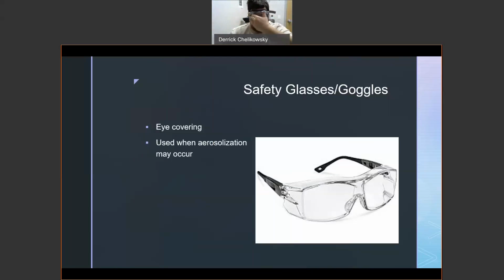As you can see, it protects my glasses, it protects my eyes, and it does create a seal that prevents most types of contaminants from getting in and damaging my eyes. You need to use goggles whenever you're using a vortex or any means of creating an aerosol. If you're going to be creating an aerosol, you need to use the safety glasses or a biological safety cabinet.